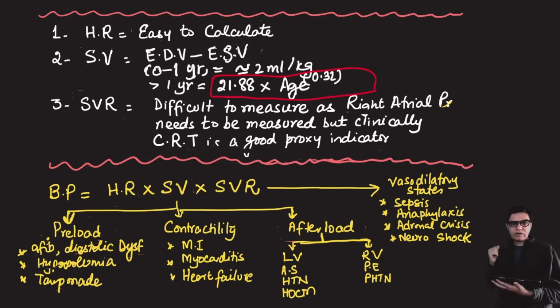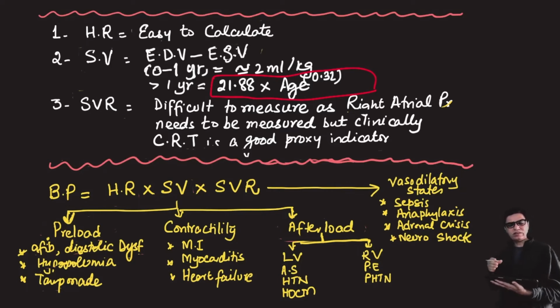The other good indicator of systemic vascular resistance is to feel whether the peripheries are cool or not. If the peripheries are gray or bluish and cold, that simply means the systemic vascular resistance has decreased.